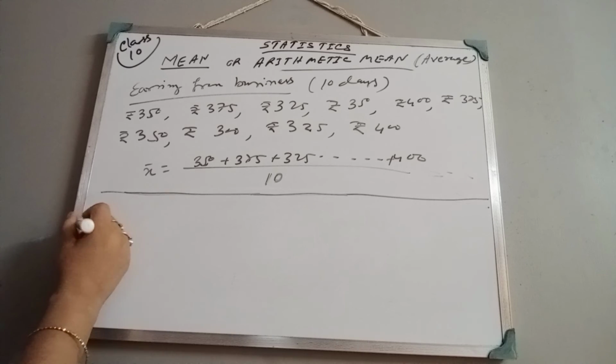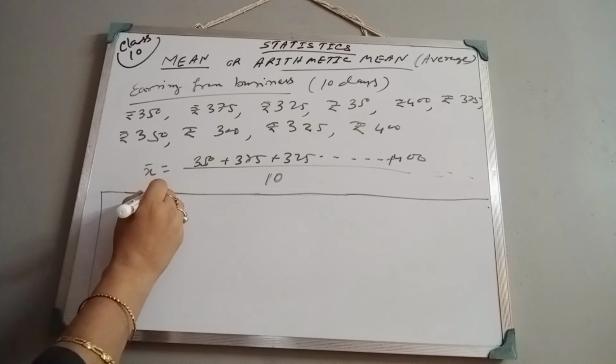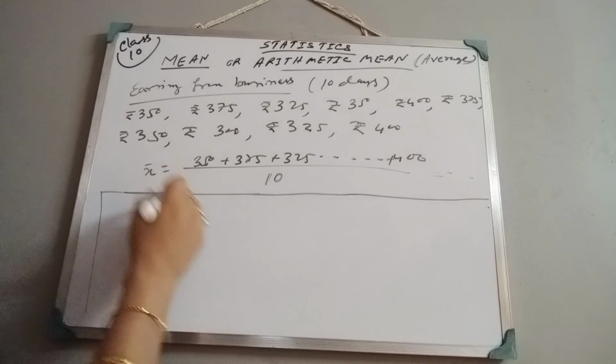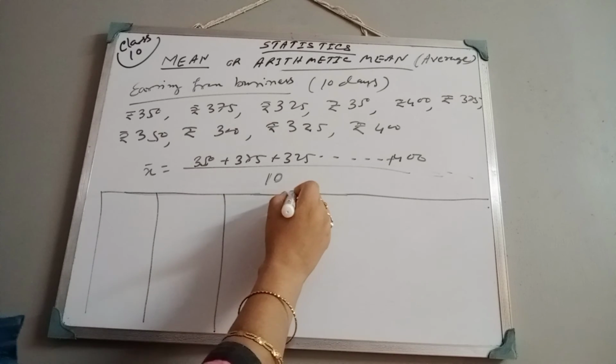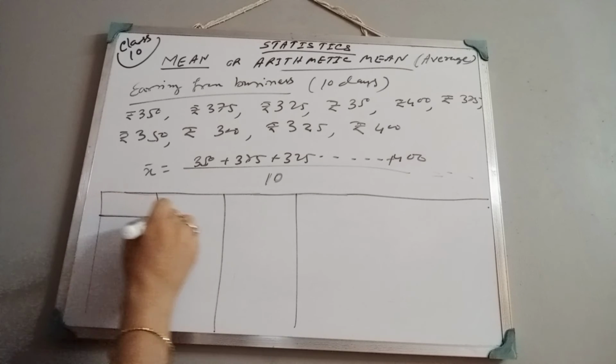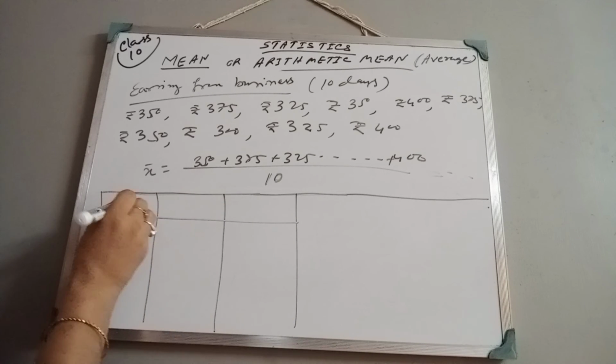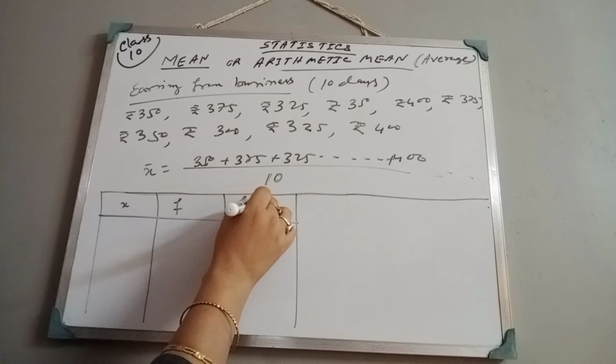Let me write the table. Say this is X, X means earnings. Next is frequency, that means F. Next is Fx. So we will write 3 columns: one is X, another is F, another is Fx.